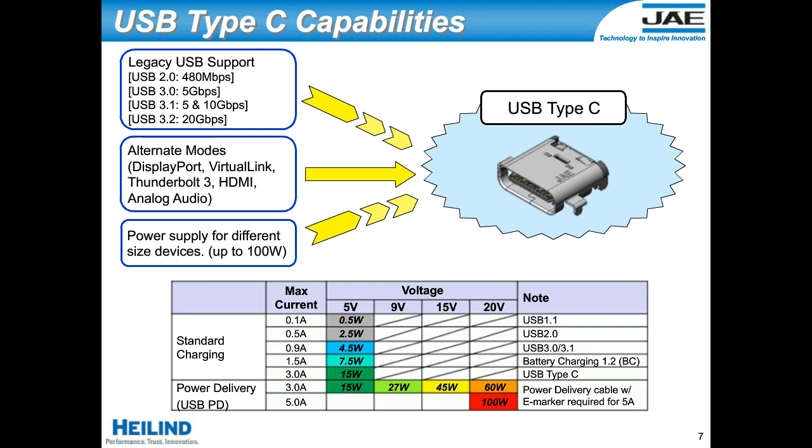USB PD also has a neat feature where it allows for role reversal, or reversal of power direction. In the old USB, power always went from your source, the Type A side, to the sink, the Type B side. Whereas with USB PD, power can go in either direction, and you can also change the direction of power even after the connectors are mated.